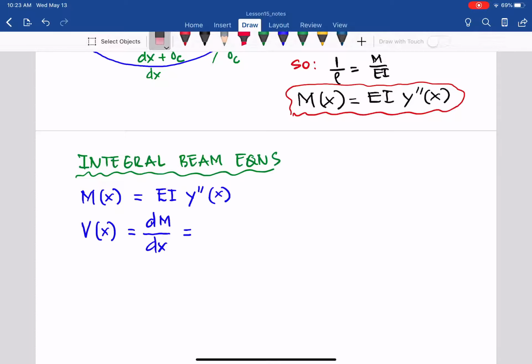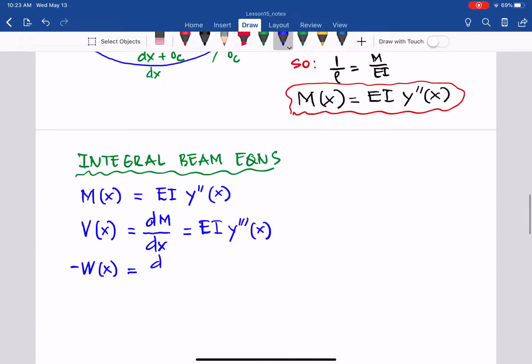And from that, dM over dx, plug in the previous equation, the top equation there. So we have Vx, the shear related to the elastic curve function as the third derivative of the elastic curve function. And similarly, if it deflects down, we assume Wx, of course going down, negative, equal to dV over dx. What does that mean?